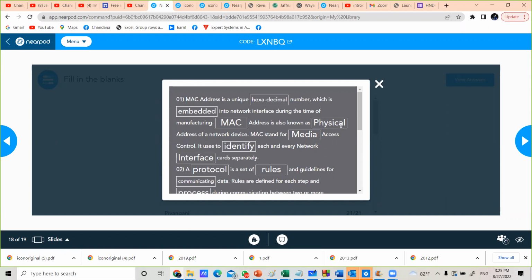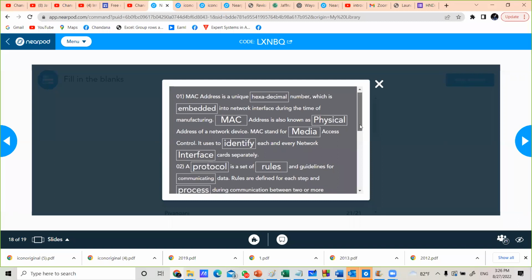The blank one is the physical address of a network device. Another name for MAC address is physical address. MAC stands for, here the M stands for media, media access control.